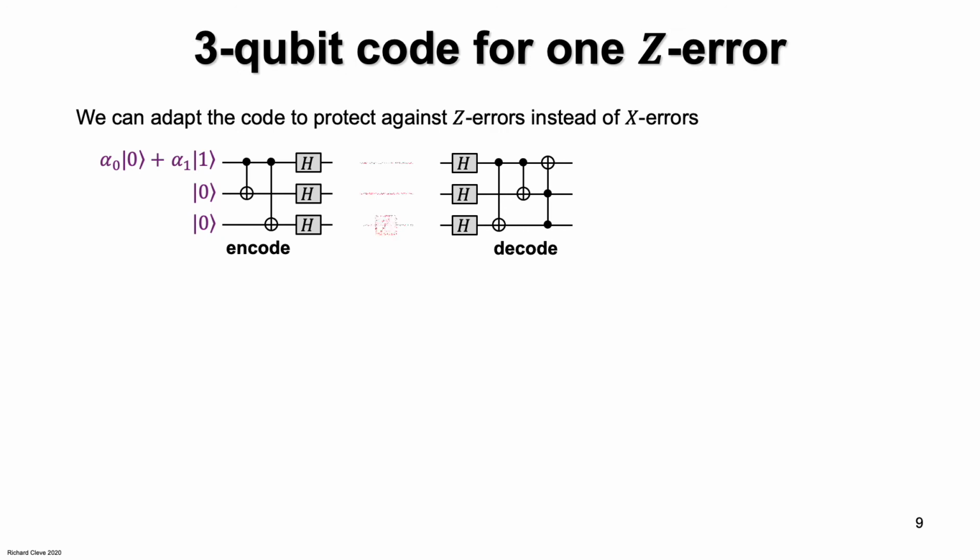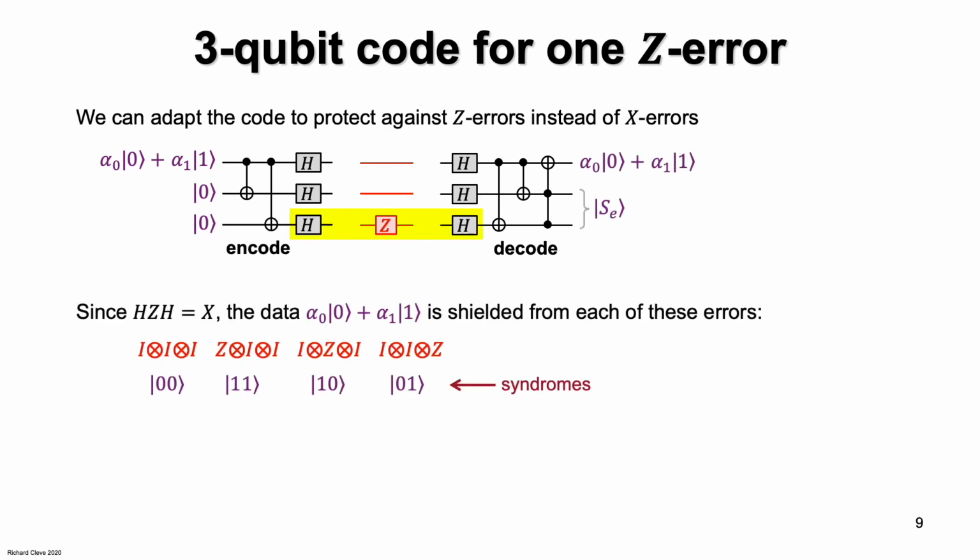Think of a Z error and the Hadamard gates. Since HZH equals X, they become X errors, and then they are handled as the previous code does. So this is essentially a repurposing of our code for X errors to protect against the Z errors instead.